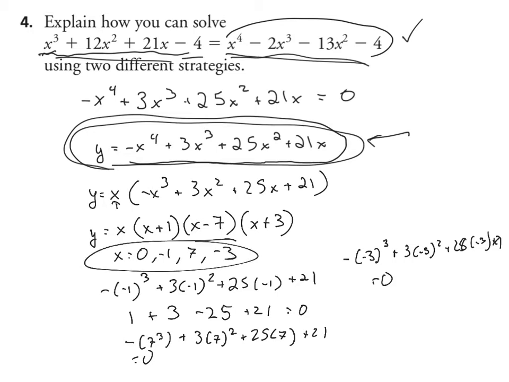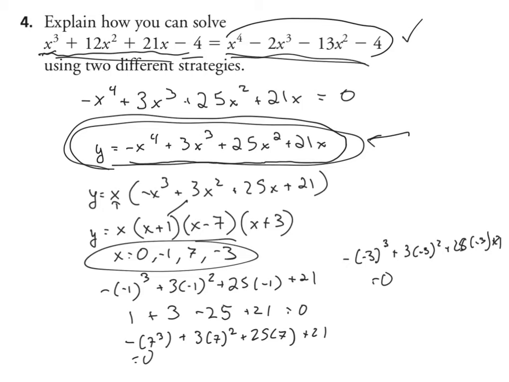That's another method. Another method was just to find one of these guys and then do negative x cubed plus 3x squared plus 25x plus 21. We could have divided by x plus 1, and we would have gotten a quadratic, and then we could factor that quadratic, and that quadratic would finally factor, obviously, into x minus 7, x plus 3.